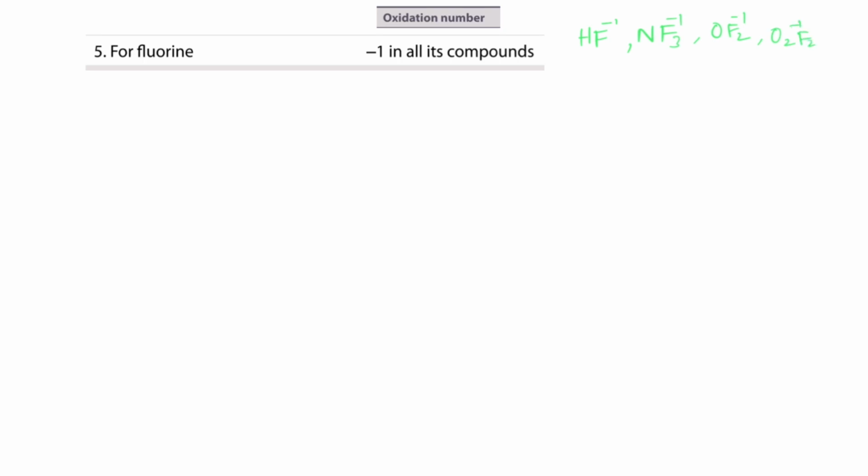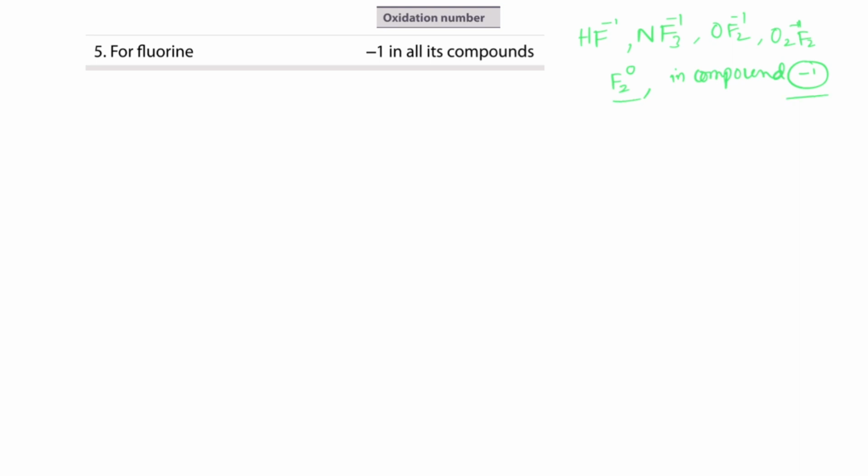O2F2, in this also -1. Fluorine in any compound shows -1 oxidation state. Fluorine shows only two oxidation states: one is the elemental state, which is 0, and in its compounds its oxidation state is -1.